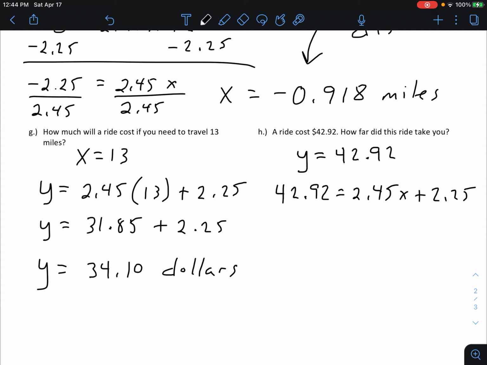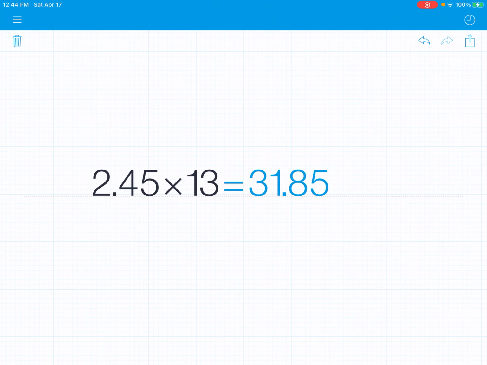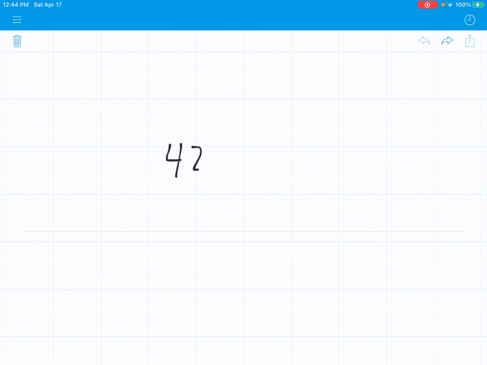Okay, so we got some subtracting to start with. Minus 2.25. Oh, I might be able to do this one. So this is going to be 40.67. Okay, if you want, let's go to the calculator. 42.92 minus 2.25.